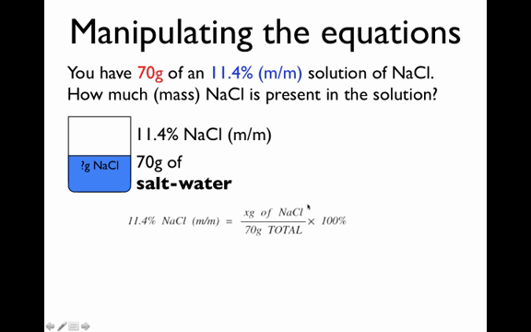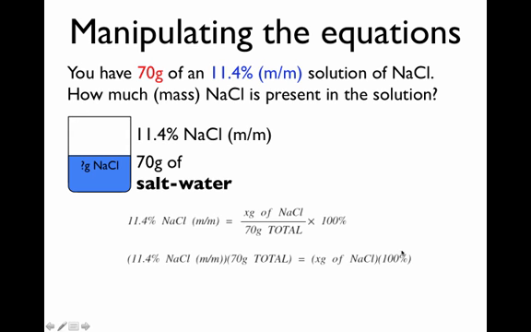To get x all by itself, we need to multiply both sides by 70 grams to get this thing out of the denominator. And if we do that, we have 11.4% table salt mass over mass method times 70 grams total is equal to x grams of table salt times 100%. And so we need to get rid of this 100% as well to get x all by itself.